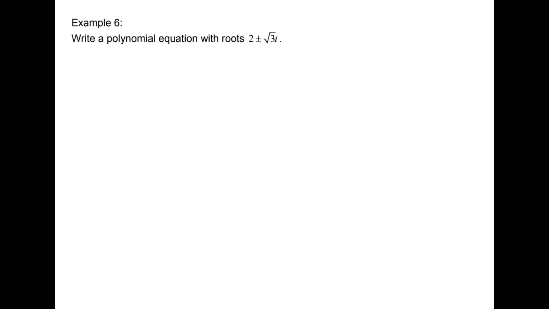Example 6, we want to write a polynomial equation with the roots 2 plus or minus root 3i. First, let's find the factors from the given roots. So we know the roots. Let's move every single term to the left of the equal sign to find the factors.